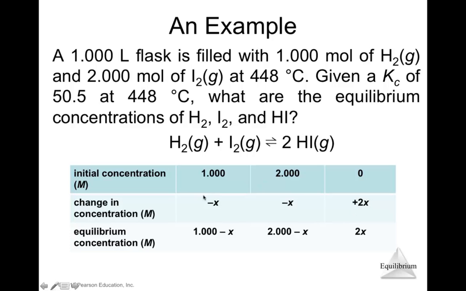These two are reactants, so that's why we have a minus sign before the x. And this one is a product because we are creating more product, so that's why it is a plus 2x. And here at equilibrium, it will be 1 minus x, the concentration of hydrogen, 2 minus x, the concentration of iodine, and 2x, the concentration of hydrogen iodide.